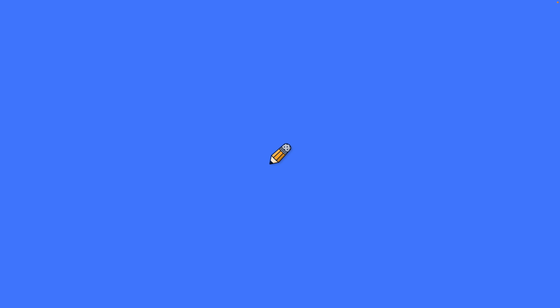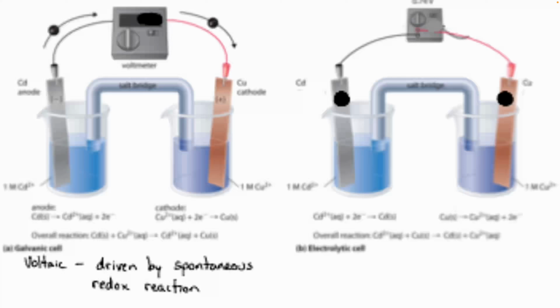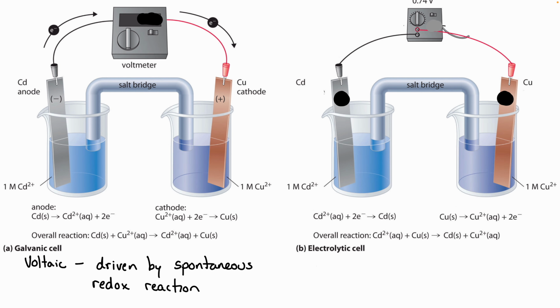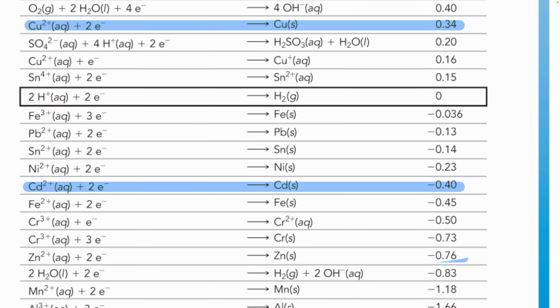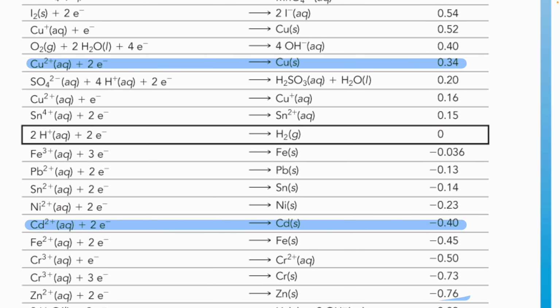Let's go to our constants page here. This thing is hooked up to what's called a voltmeter, which drives me nuts. I feel like voltometer was right there and they went with voltmeter, but okay, whatever. Anyways, this is what you use to measure voltage. So if we stuck this little voltmeter in the middle here, what voltage would we expect to measure? Everybody take a second. Given our half reactions here, tell me what the potential of this battery is.